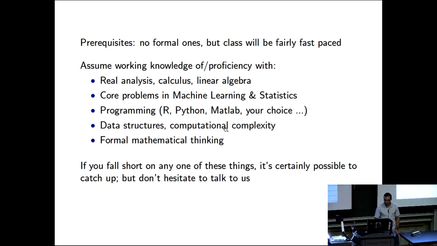So one thing that we're going to assume that you are familiar with is the core problems that we are interested in in machine learning and statistics. So as an example, things like support vector machines, things like the lasso, etc. These are things that have a very interesting optimization component to them that we'll talk about in detail throughout the course. But we're not going to provide a ton of motivation for why you should care about support vector machines or why you should care about the lasso.